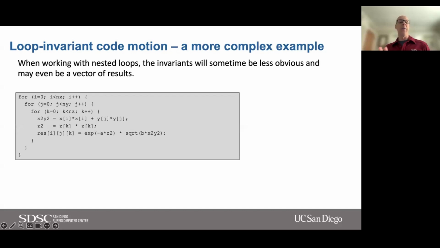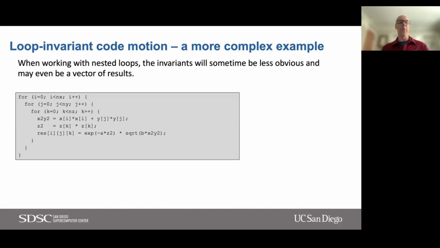Now, where the compiler is not going to be able to help you is when there are less obvious examples of invariance. And these invariants may sometimes even be vector results. This is an example that I adapted from a code that I had optimized working with the US Geological Survey and the San Diego Zoo.